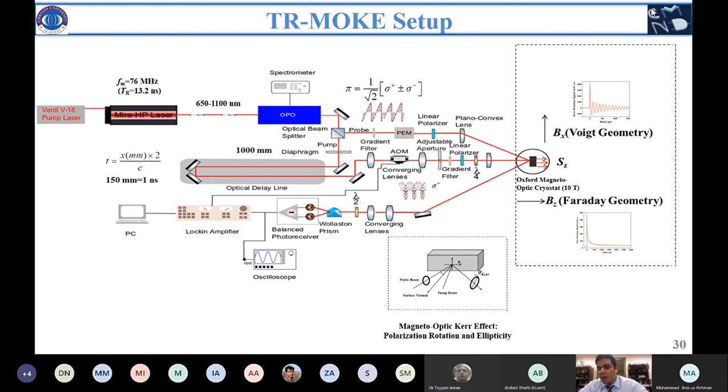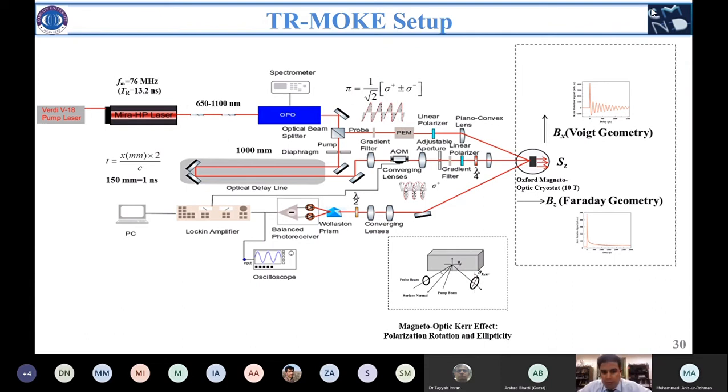Then we need a probe beam at a later time in order to see what happened inside. The delay is adjusted using a motorized stage, and it is increased and decreased at different increments in order to get the spectra that we see on the right side of the slide.